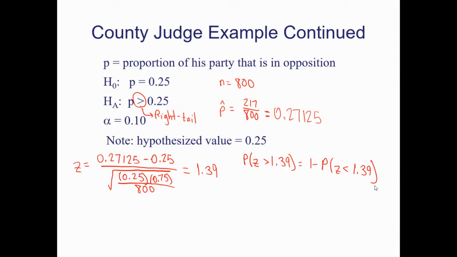If we look at our table, what would the probability that Z is less than 1.39 be? 0.9177.